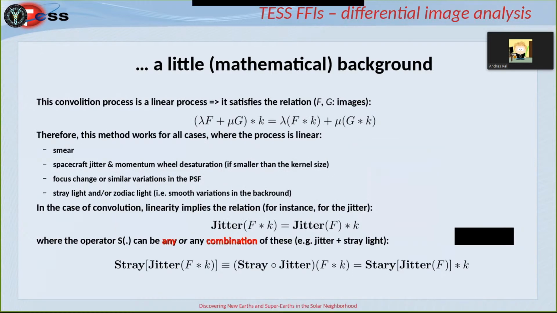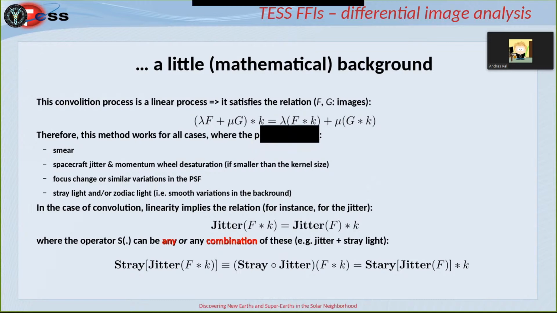analysis. And the good thing is that there are many processes in the data acquisition of a CCD camera which are said to be linear processes in terms of convolution. So we have two images, F and G. We apply a convolution transformation.